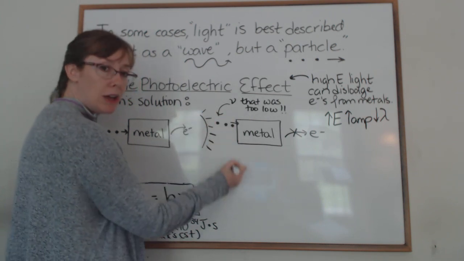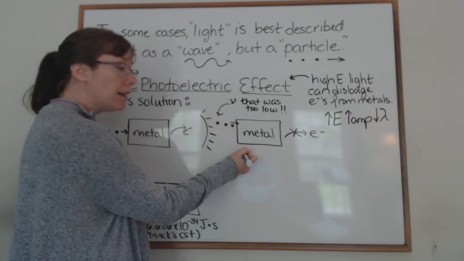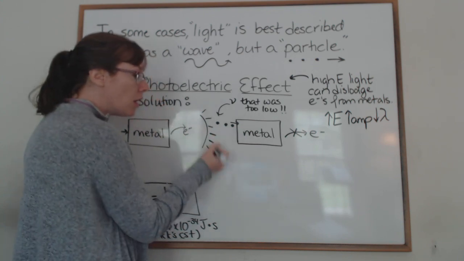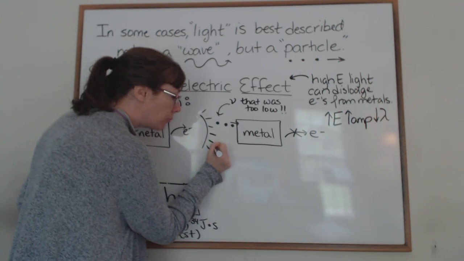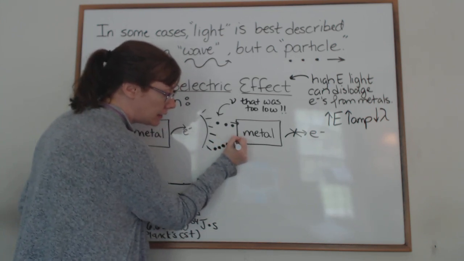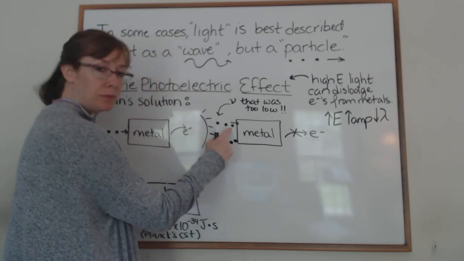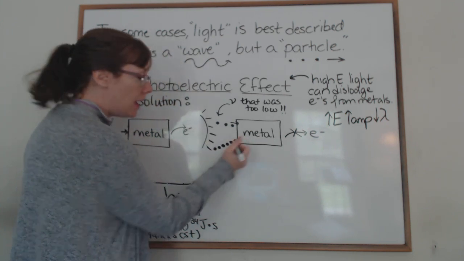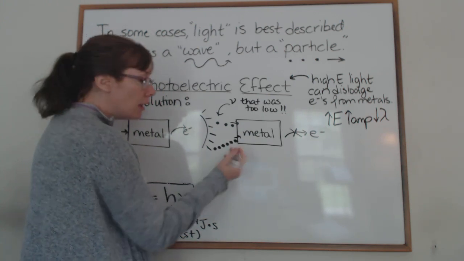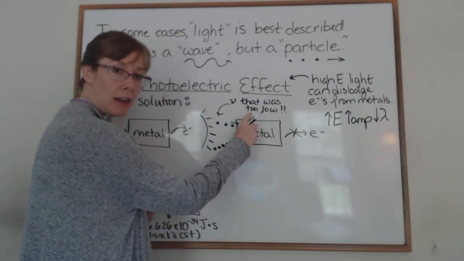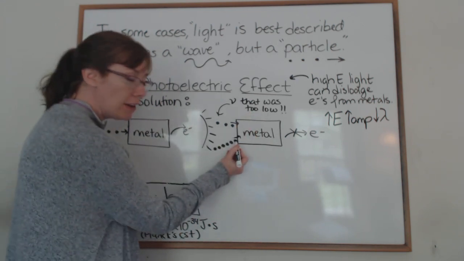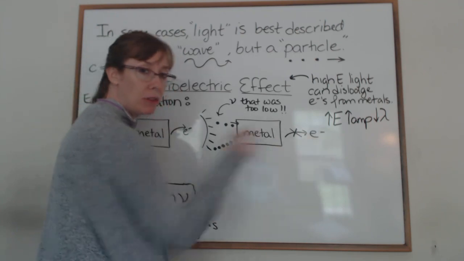Remember when I drew that huge high amplitude? Really, that was just very intense, very bright light. The concept here is this: with photons, very bright light is just more of them. That's all that is. This would be dim. This would be intense. And even if you had very intense light, each of these just still had a frequency that was too low. It was too small of a number, so they didn't have enough energy in each one to pop out those electrons.